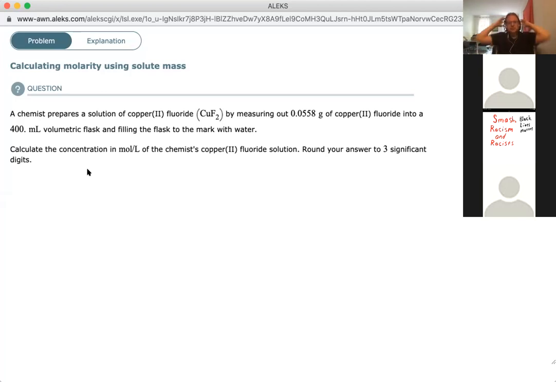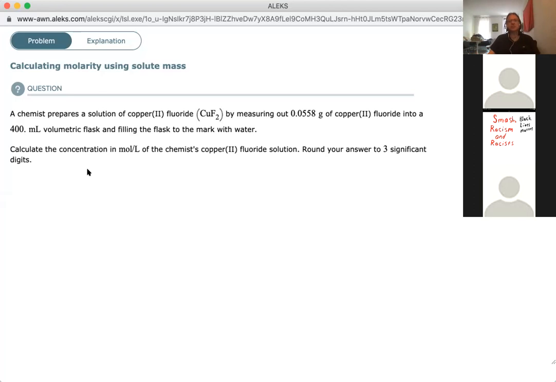A chemist prepares a solution of copper 2 fluoride, which is CuF2, by measuring out 0.0558 grams of copper 2 fluoride into a 400 milliliter volumetric flask and filling the flask to the mark.